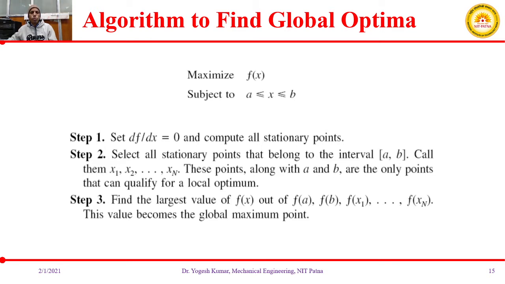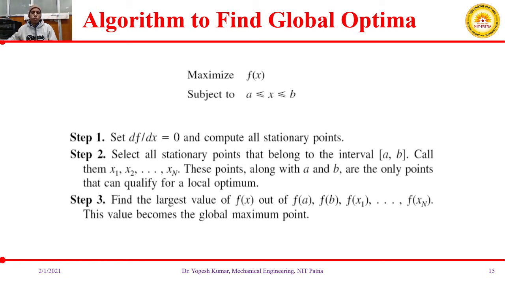So we are supposed to calculate the value of function f(x) at all the stationary points lying between the interval a to b, and at the points x equal to a and x equal to b.